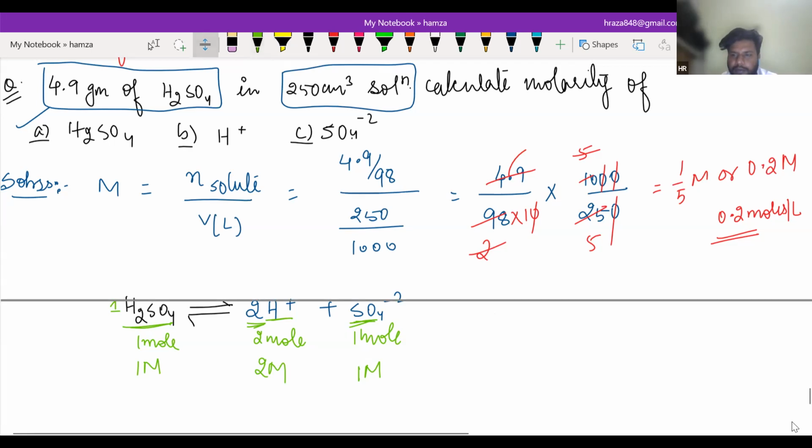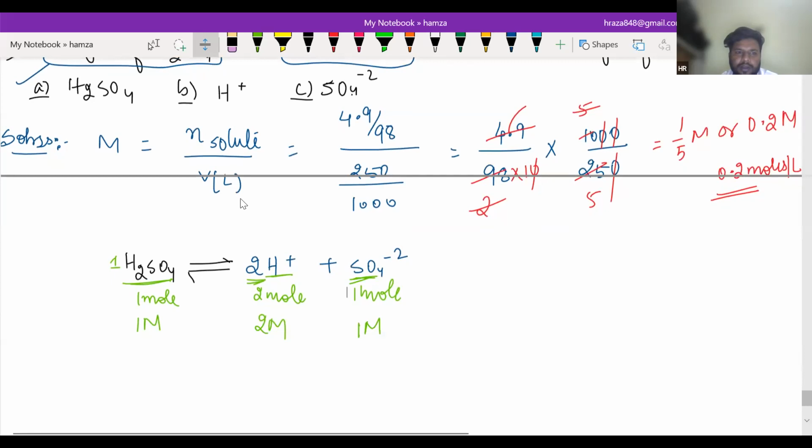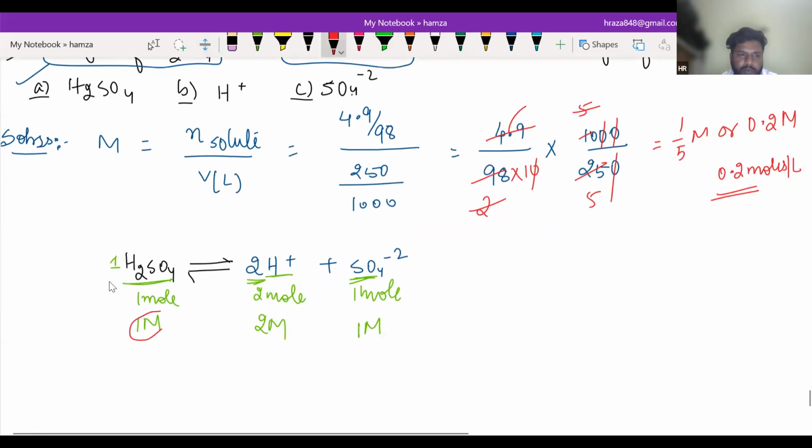Now see, if 1 molarity of H2SO4 is present, then double the molarity of H2SO4 will be formed as H plus. That means whatever the molarity of H2SO4 is, the molarity of H plus will be double because the ratio is double.